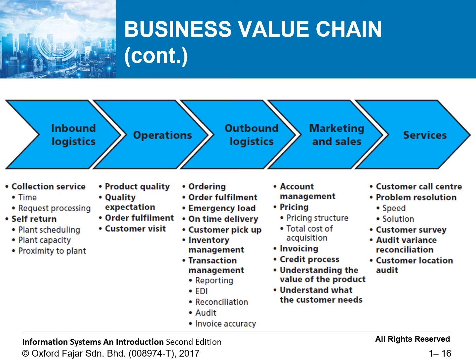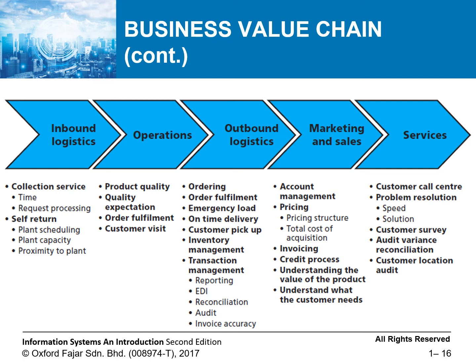Meanwhile, for outbound logistics, the value we can see in the ordering, order fulfillment, the value of the emergency load, on-time delivery, customer pickup, inventory management, transaction management, and so on. Next is for the marketing and sales activities.